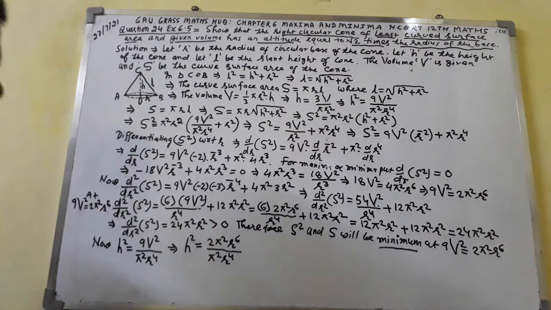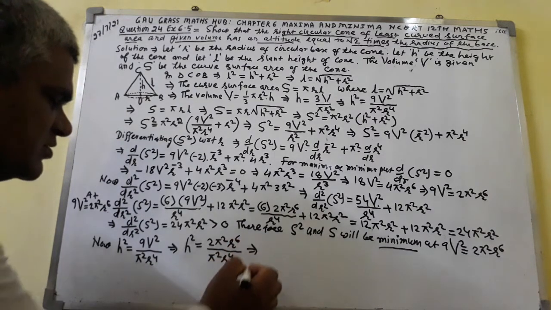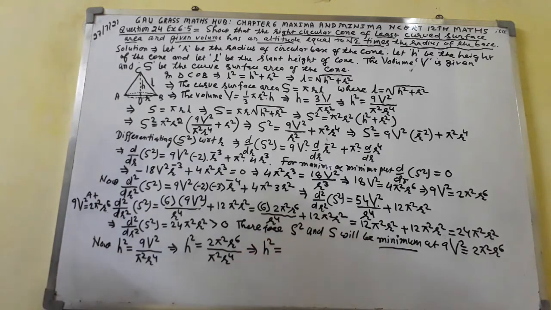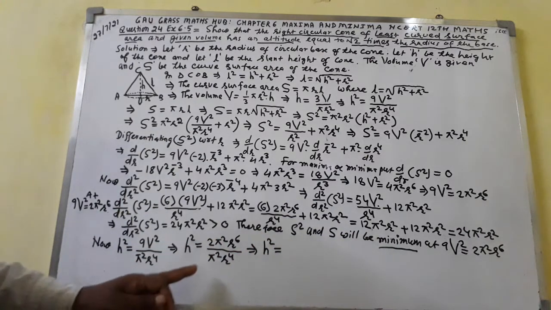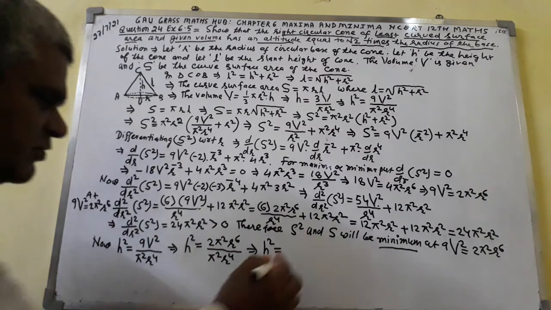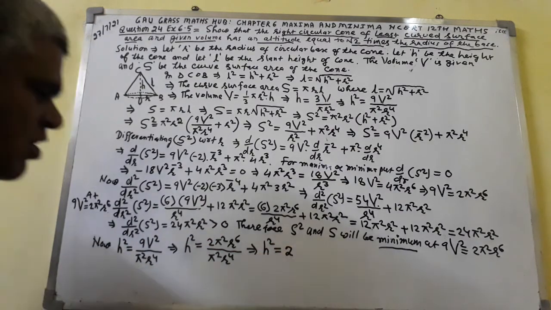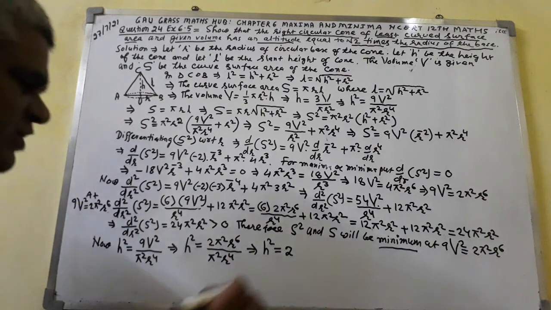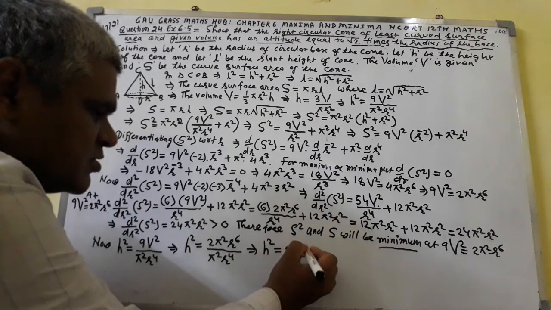So we will get here implied that h square equal to, this pi square, both will be cancelled out. So here you will get 2 r raised to the power 6 over r raised to the power 4 comes out to be r square.